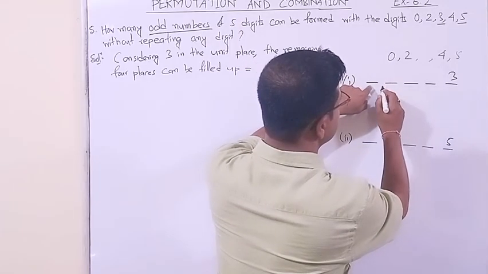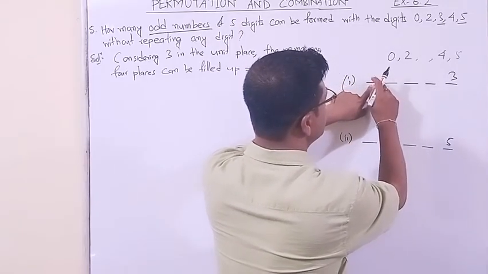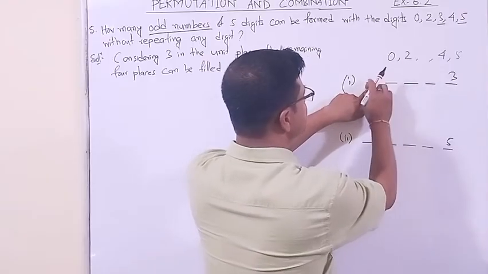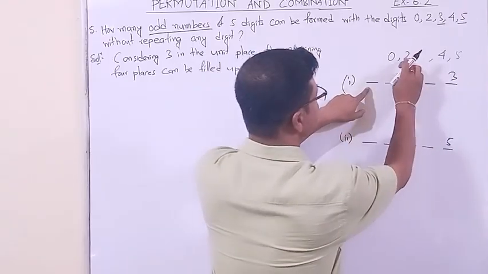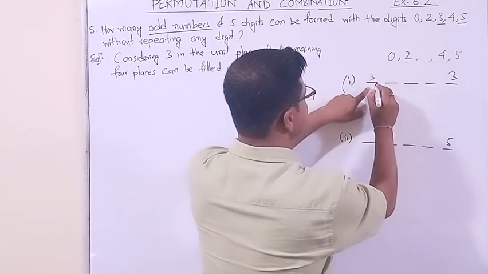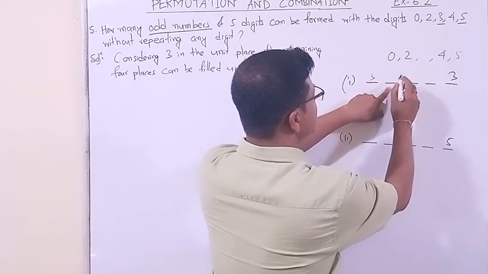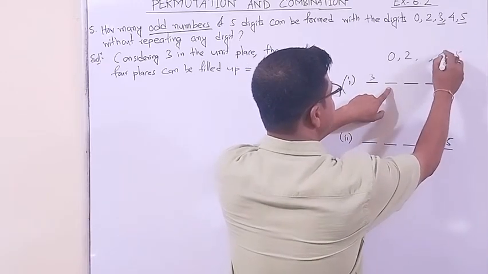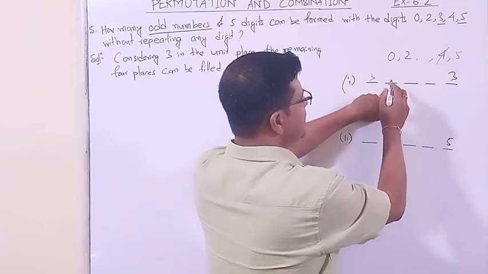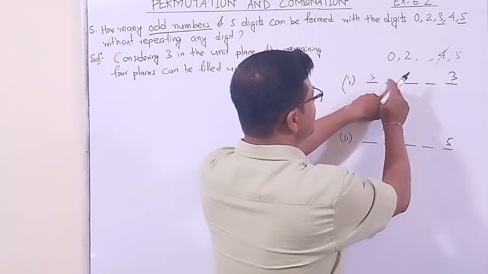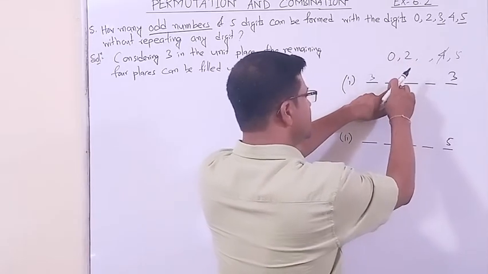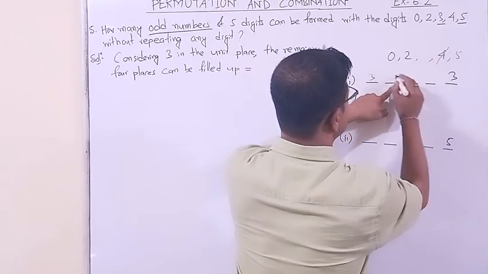So 0 we cannot put. So either we have to put 2 or 4 or 5. So this place can be filled in how many ways? 1, 2, 3. 3 ways. And this place, suppose 4 is chosen, can be filled up in how many ways? Here we can put 0. So 1, 2, 3. 3 ways.